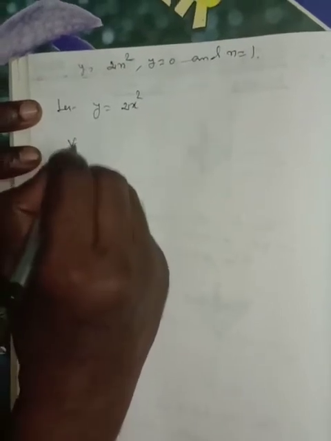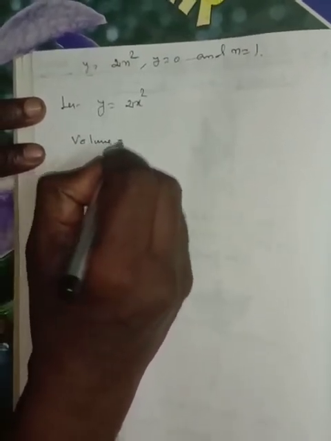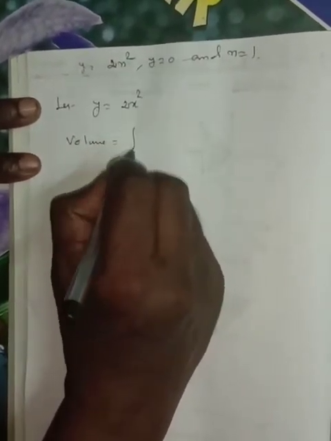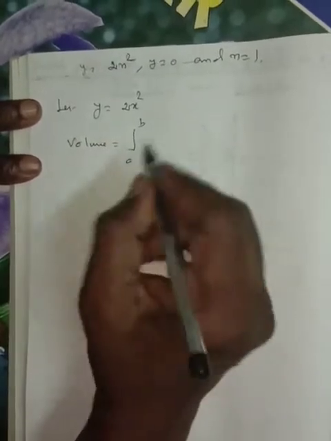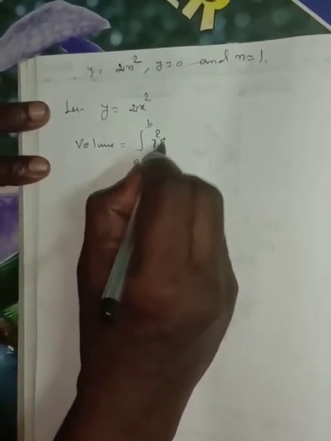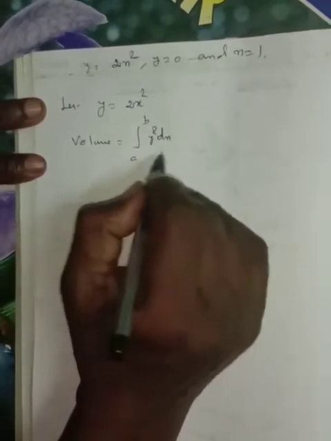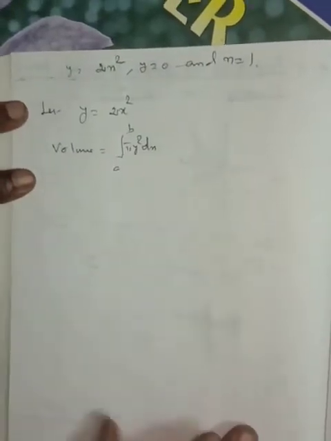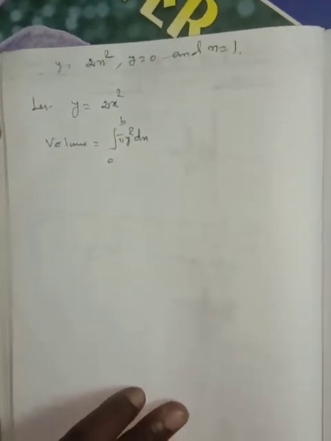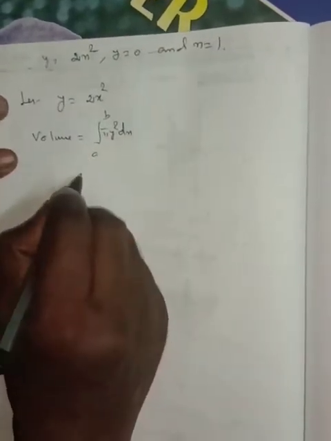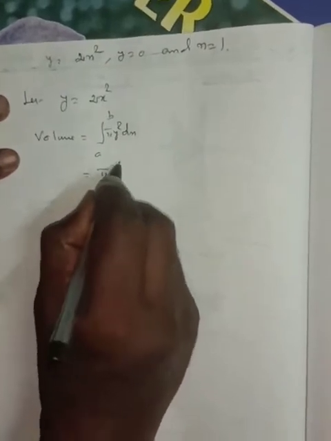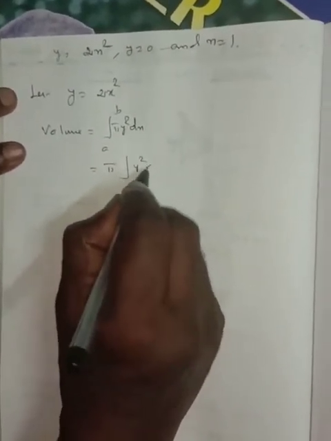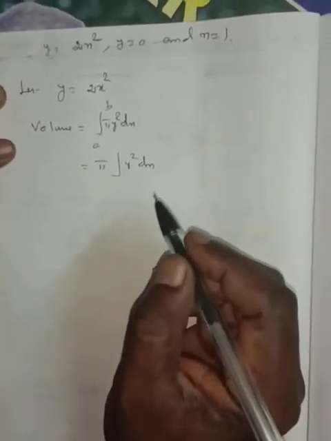Volume is equal to integral a to b of pi y square dx. How to select this formula? Rotating about x-axis, y square dx. Now pi is a constant number. Outside the integral, pi y square dx, limit varies from a to b.